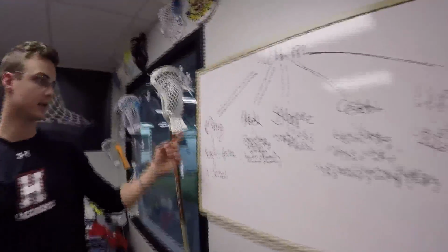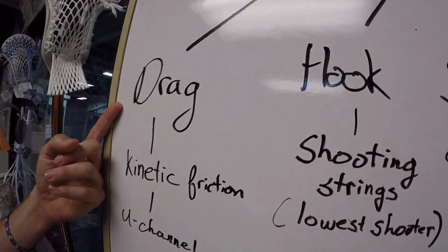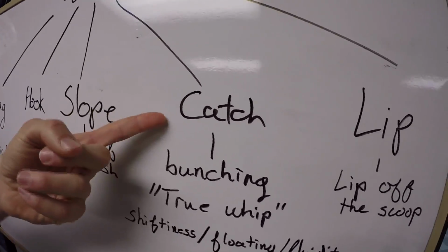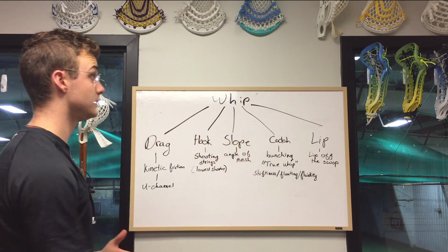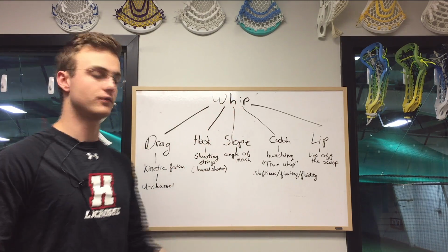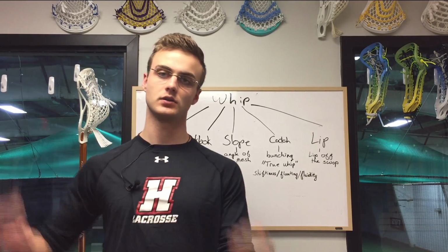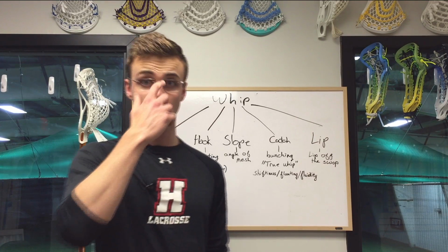The subcategories are as follows. We have drag, hook, slope, catch, and lip. And each one of these categories, when maximized, can lead to a stick with too much whip or a lot of whip, in that each one of these, if you bring it to the extreme, can make it so your stick throws right into the ground.